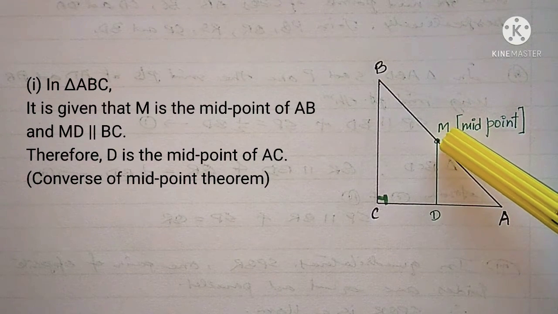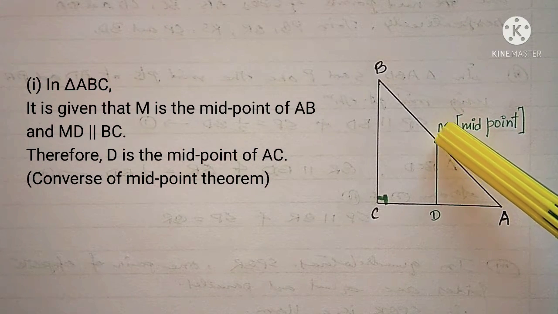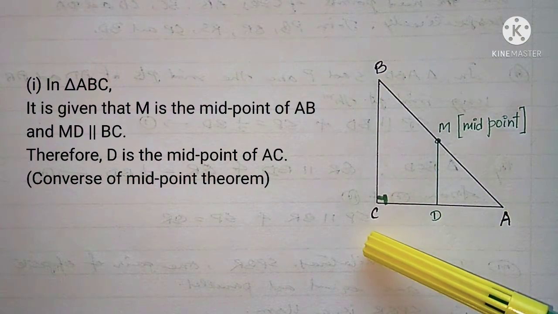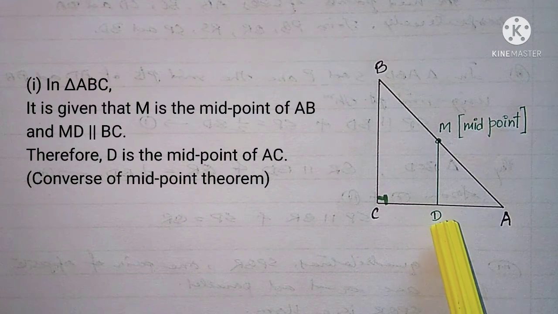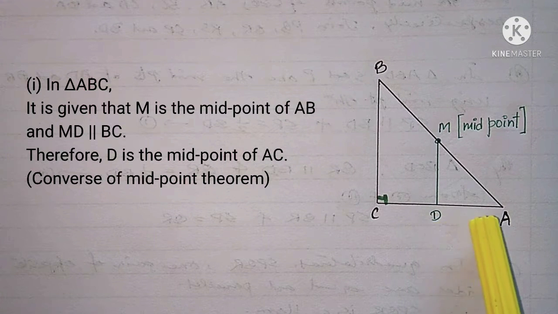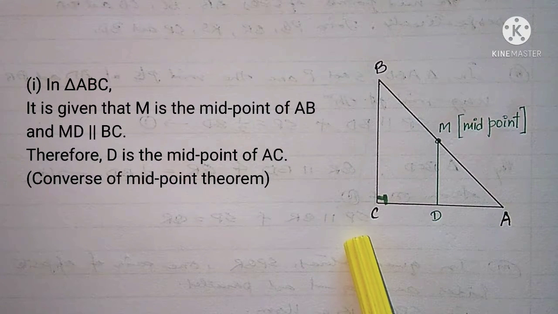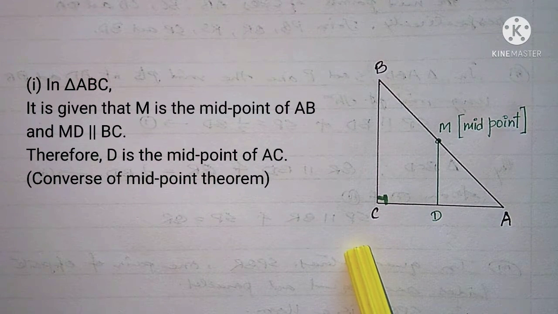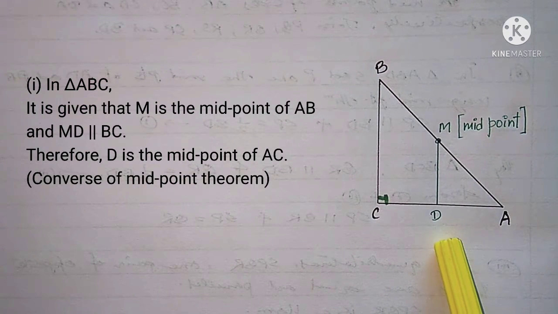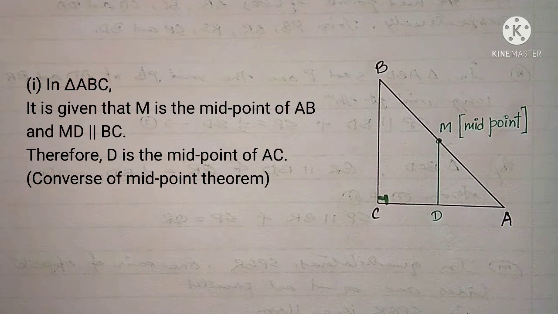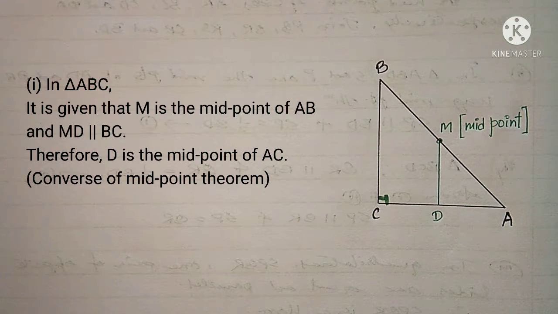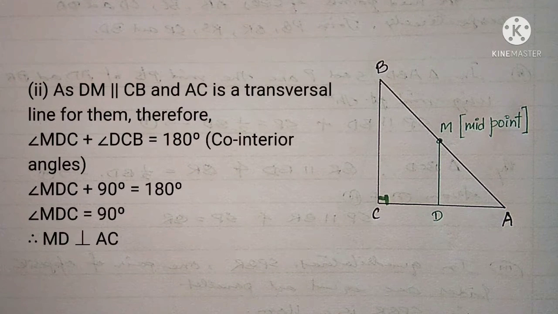Because one point is already a midpoint and this line is parallel to BC, so according to the converse of the midpoint theorem, D is the midpoint of the third side. So the first one, proving D is the midpoint of AC, is complete. Is it clear?